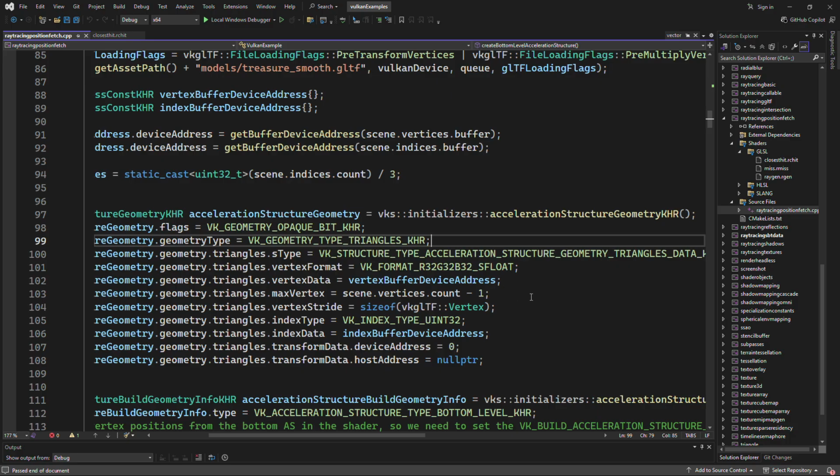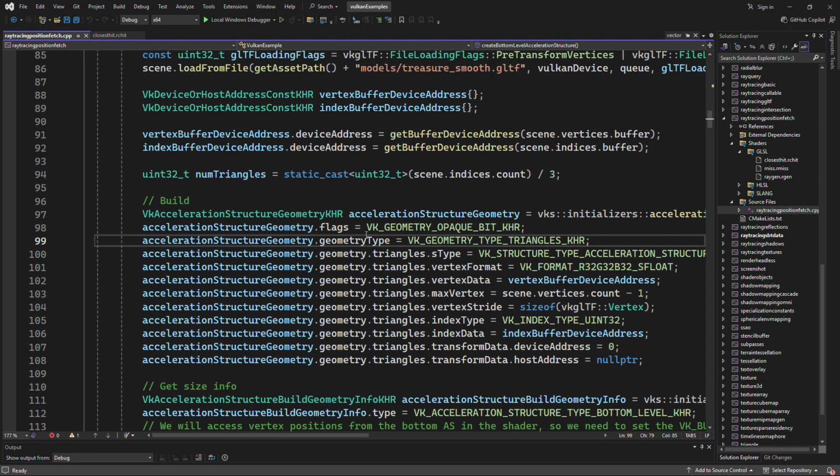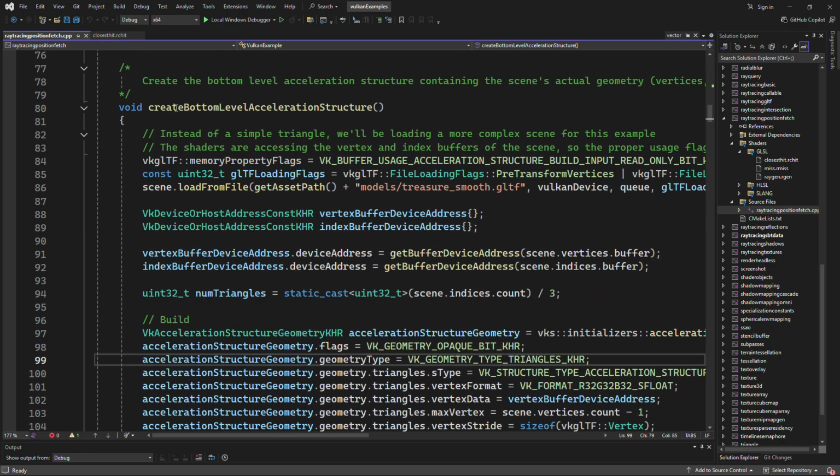It means that the hardware intersector is active, okay? So this flag was put up, geometry type VK geometry type triangles KHR. It was part of the bottom level acceleration structure.